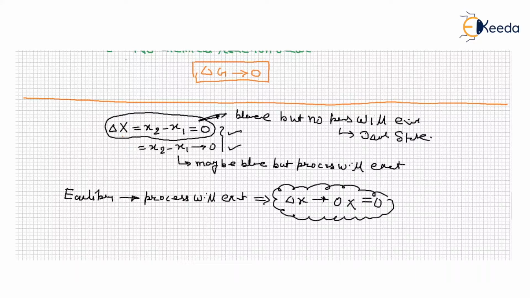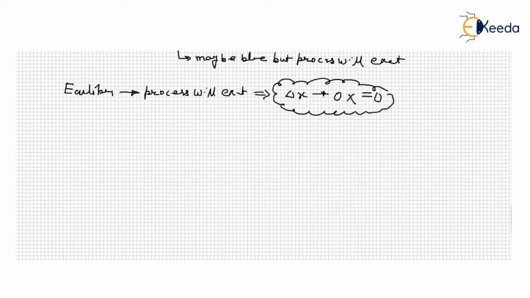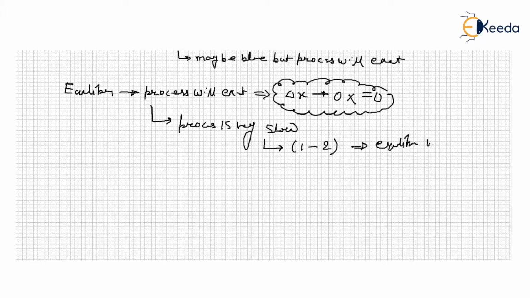That means process is very slow. If the process is very slow from point 1 to point 2, then we can say that equilibrium will exist.